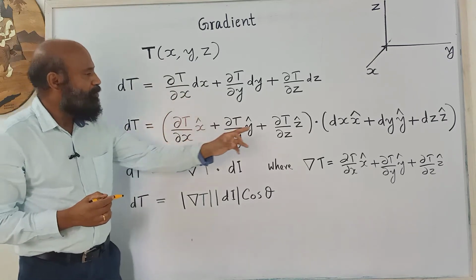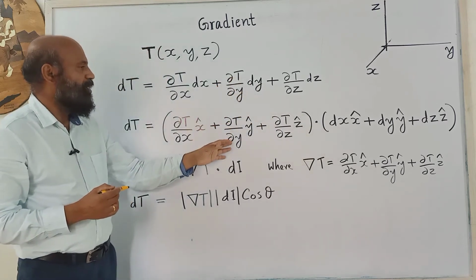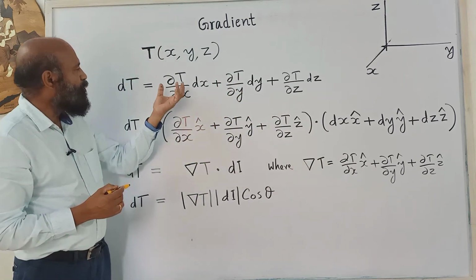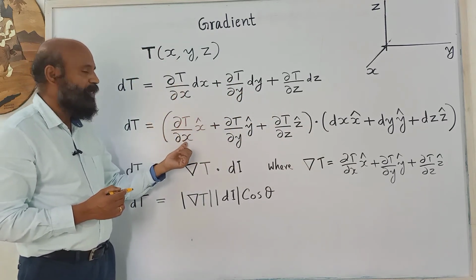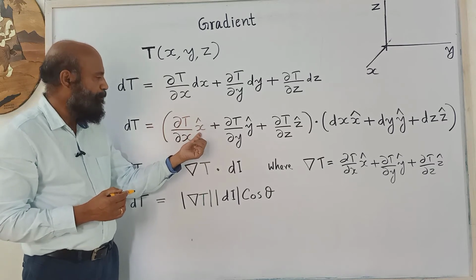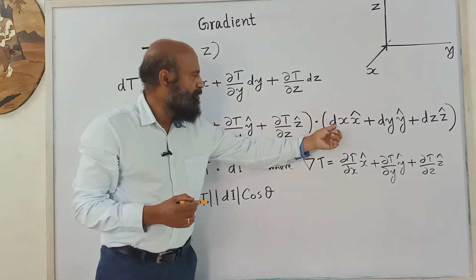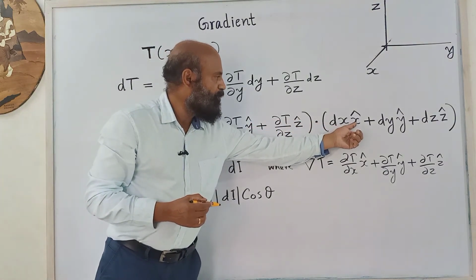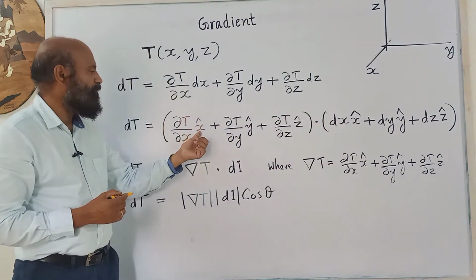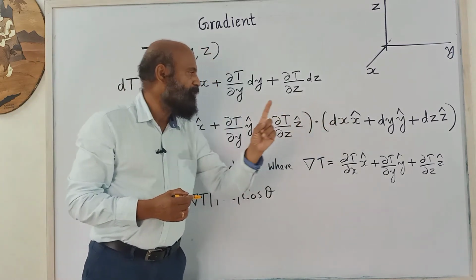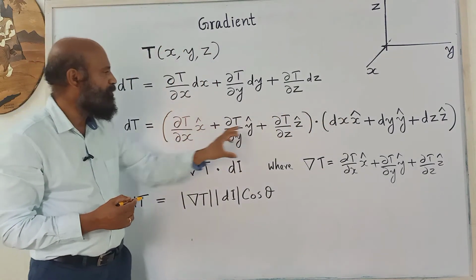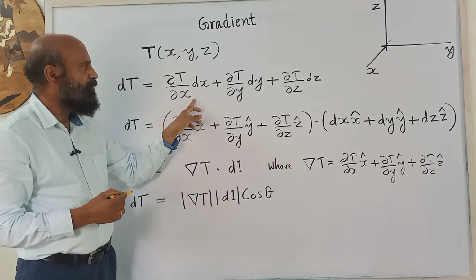Now using the dot product, this can be written like this. So dou T by dou x, x cap is a unit vector. Then dx x cap. So this x cap dot x cap is 1. So dou T by dou x dx, you'll get like this.